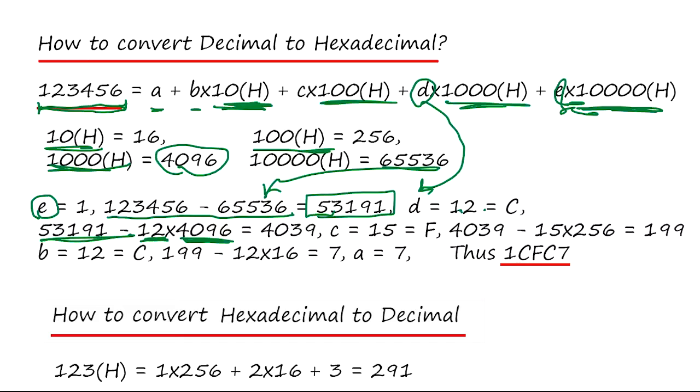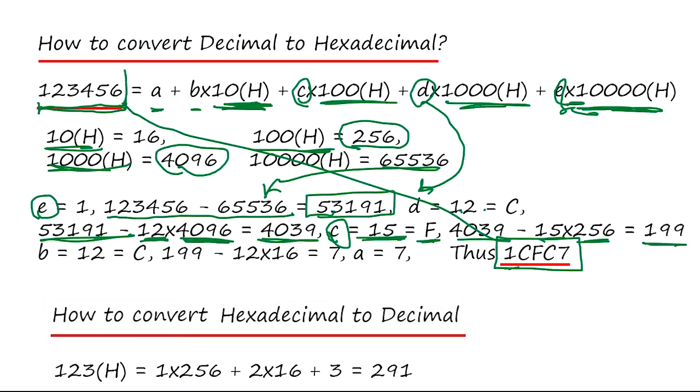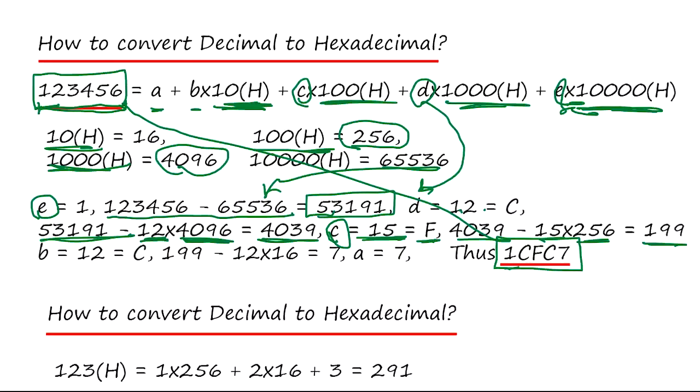We subtract that, then this is the remainder. And from the remainder, next is C, which is 15, and we subtract 15 times 256, which is hexadecimal 100. Then the remainder is 199. We repeat this process, so we get the hexadecimal number 1CFC7. This is the same number as this. Converting the other way is much easier.